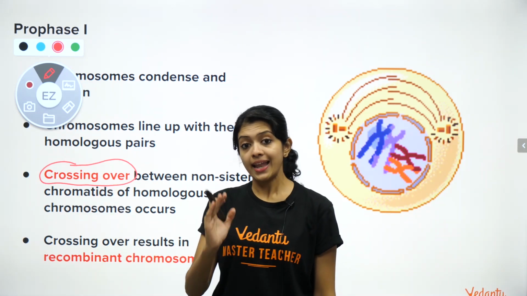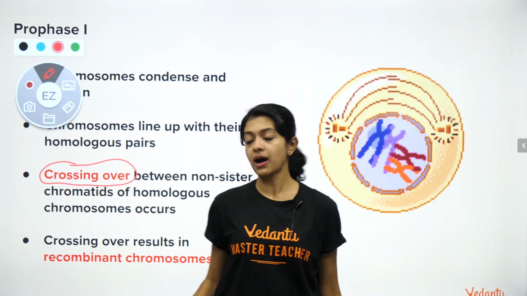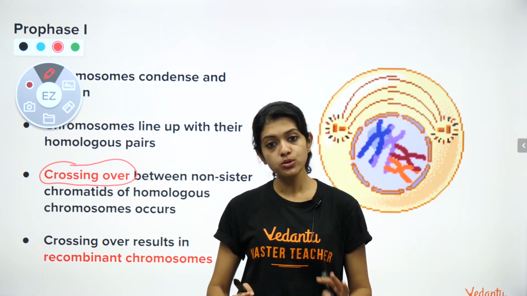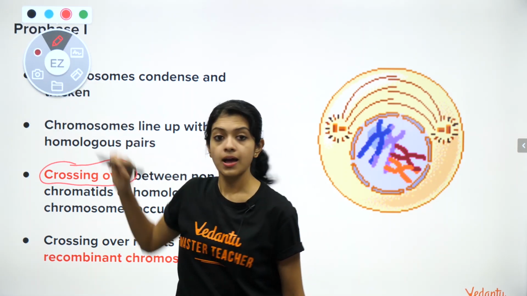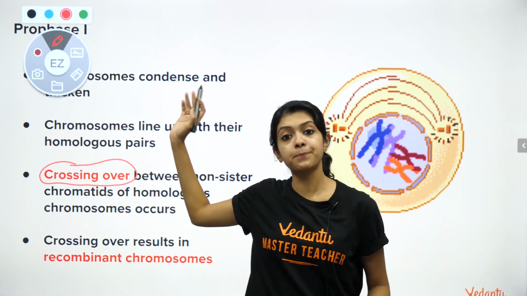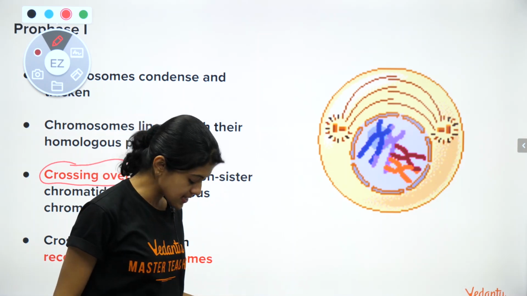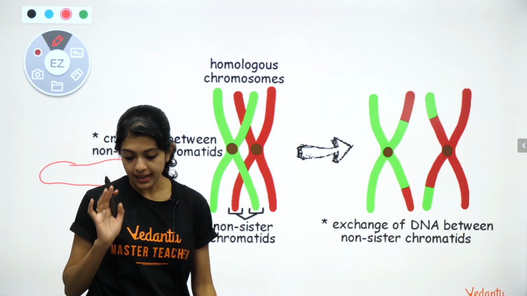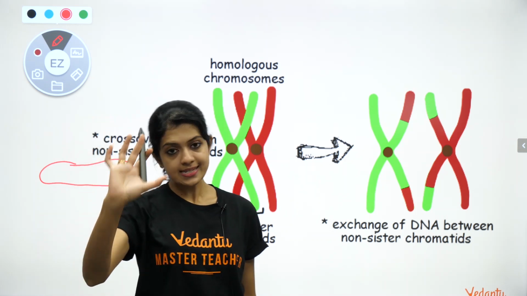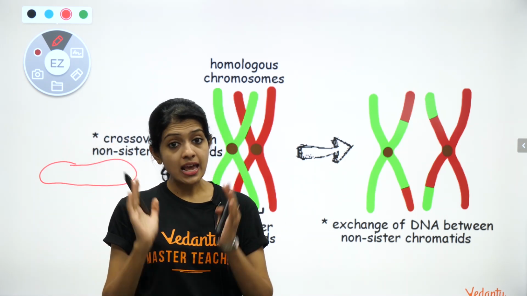Okay, now let us understand a bit more about crossing over. Now I have told you homologous chromosomes pair up together during prophase 1. Let us look at this particular image. Say for example, in a typical human cell, there are 23 pairs of chromosomes.